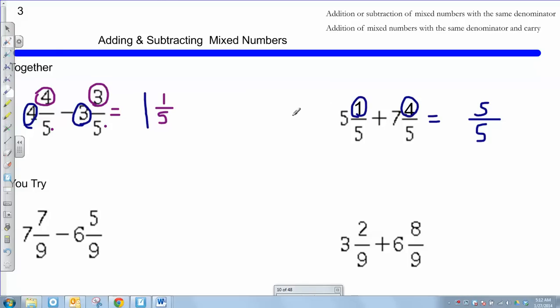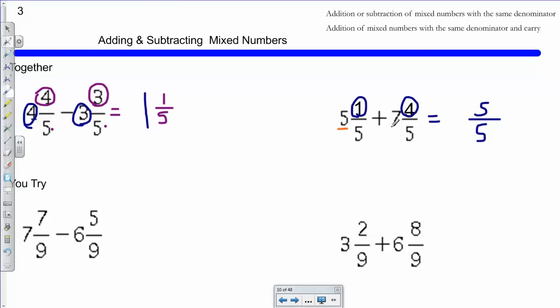Now I need to add my whole numbers. 7 plus 5 is 12. Now, on this one, I'm not in simplest form. 5 over 5 is the same thing as saying 1 whole. So I'm really going to have 12 plus 1. So my final answer here is going to be 13. That's my answer in simplest form.